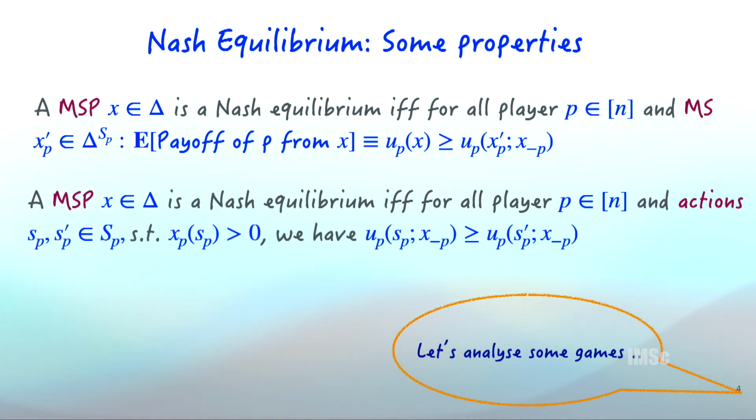But it just means that player P plays action SP with non-zero probability. Then player P's expected gain from playing this strategy SP, while others remain the same, is at least as much as any other action that there might be.